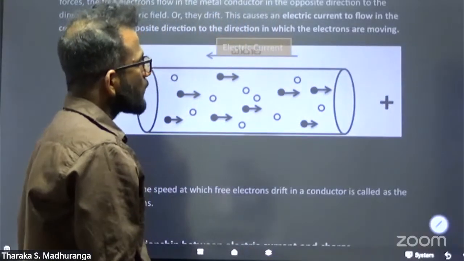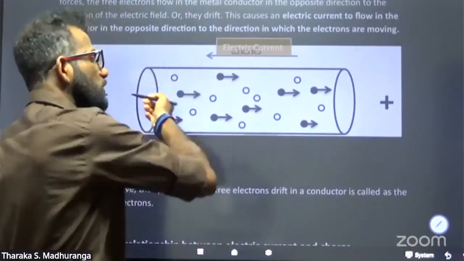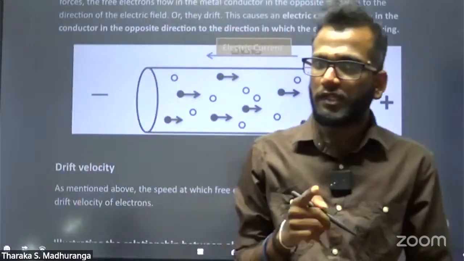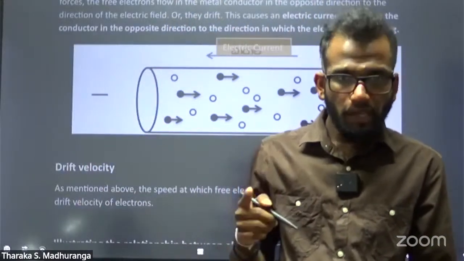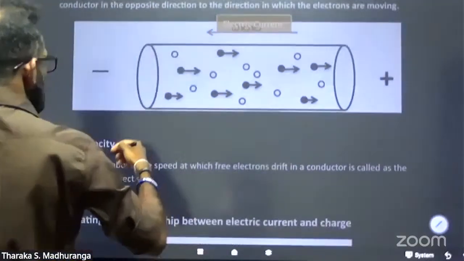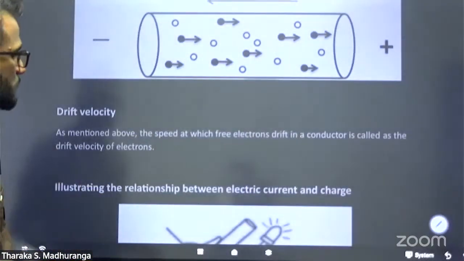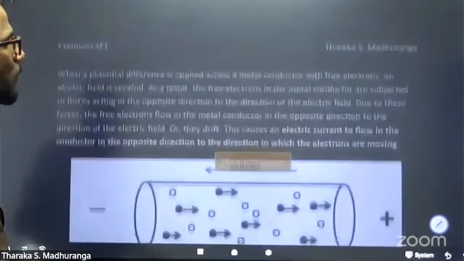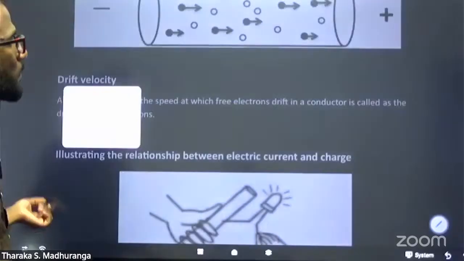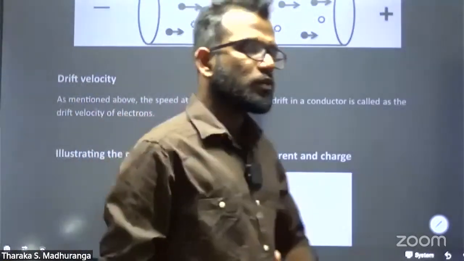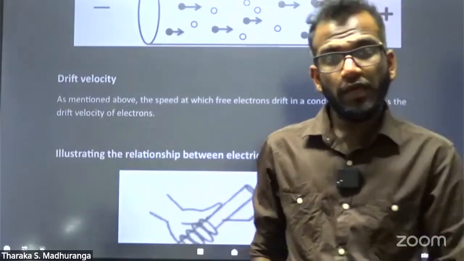Electron current direction is negative to positive, while conventional current is formed from positive to negative. Therefore, current direction is always positive to negative, from the positive potential side to the negative potential side. Remember that. That is very important for our future calculations, our Kirchhoff law, Ohm's law, and everywhere.